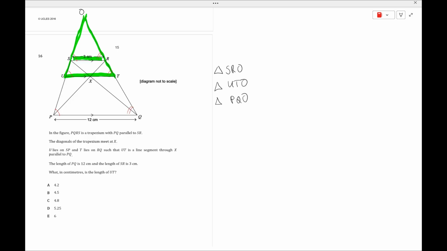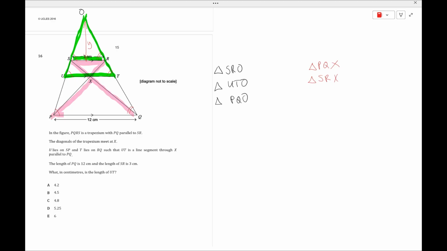And so what I then had to do was introduce this as Y. And I also noted that there were similar triangles PQX. So triangle PQX was similar to triangle SRX, and that is that one and that one.